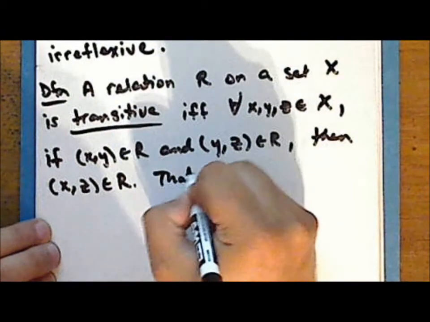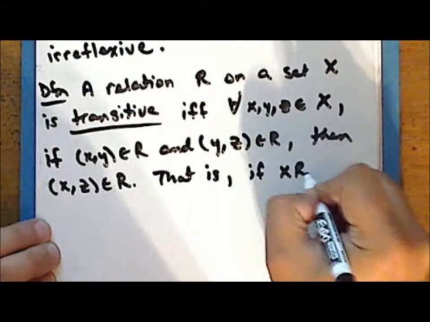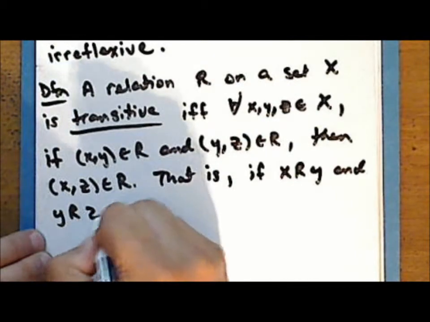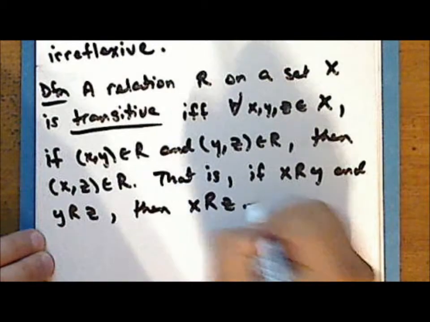That is, if x is related to y and y is in turn related to z, then x is related to z.